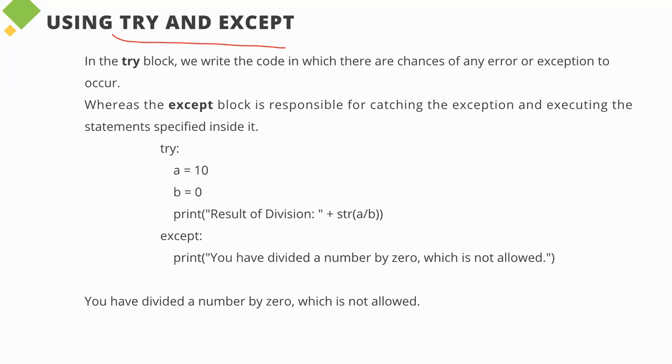So here the result would be zero division error. Instead of giving an error, it tells the user by using the except block. So the except block statement will be printed in the output: you have divided a number by 0 which is not allowed.